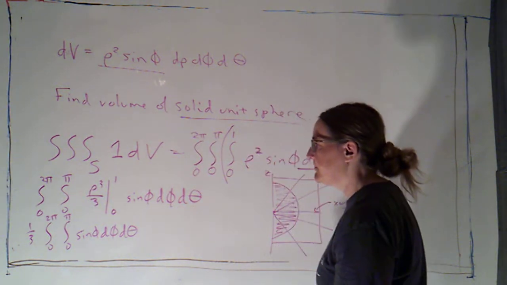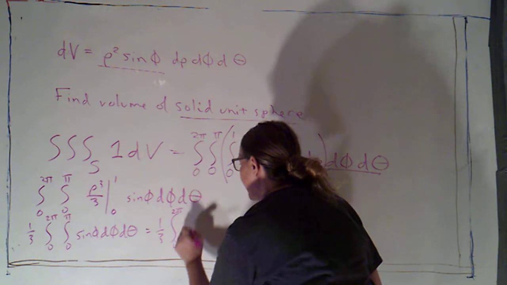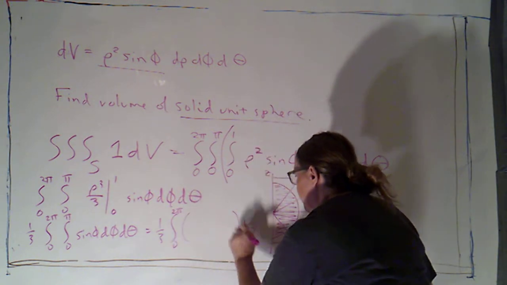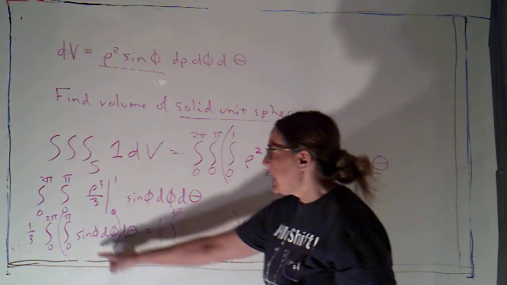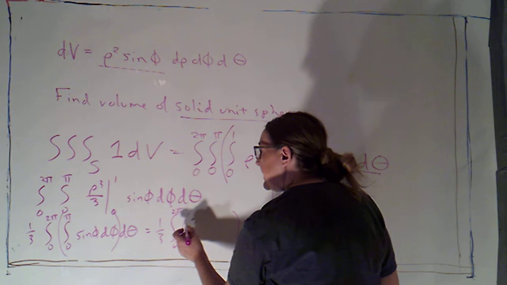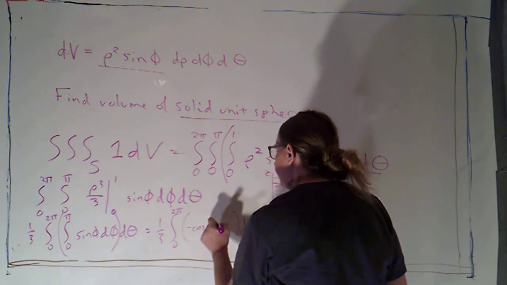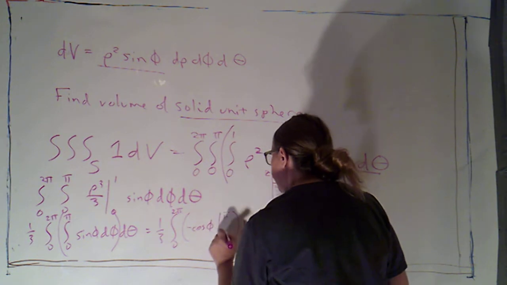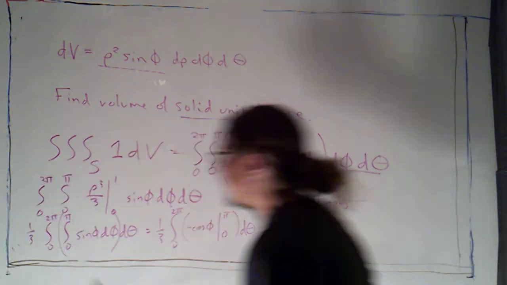So that's 1/3 integral from 0 to 2 pi, d theta. I'm now doing the integral with respect to phi. An antiderivative of sine phi would be negative cosine of phi, and that's going to be evaluated between pi and 0.